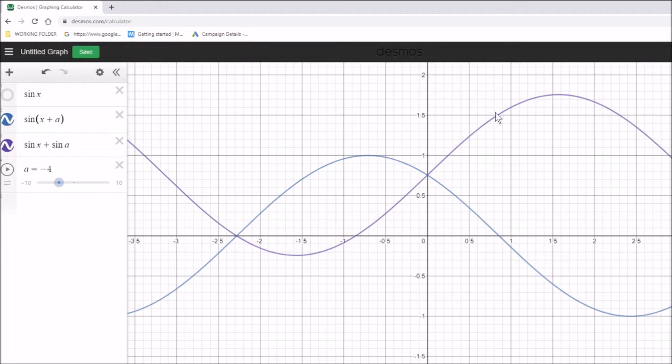This function here is not the same as that function. So whenever we work out this sine of x plus a, this is not the answer. What we are interested in is what new function gets generated when we add or subtract some value or some other angle. And we're interested in doing that for both the sine function and the cosine function.